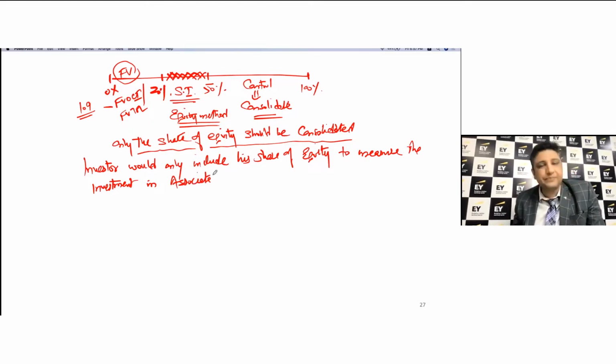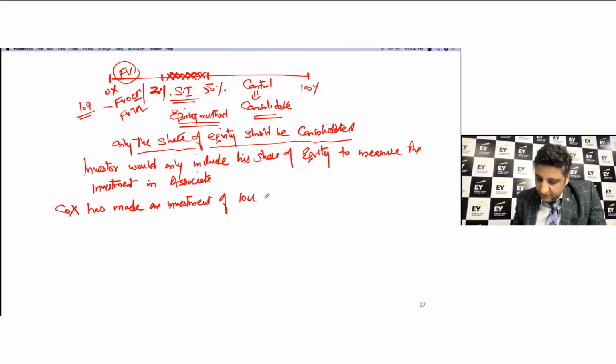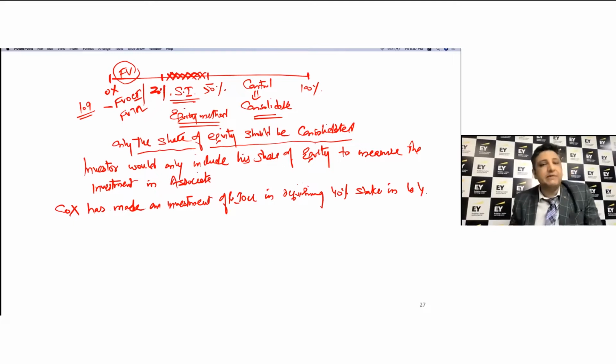Let's take a very basic, very simple example to demonstrate what exactly it is and how it really works. Say there is a company X that has made an investment of, let's say, rupees 10 crores, in acquiring a 40% stake in company Y. So the initial investment is 10 crore rupees.